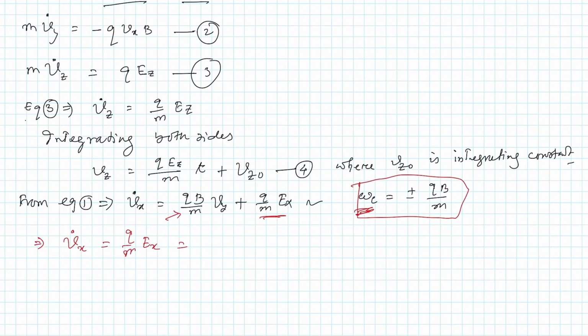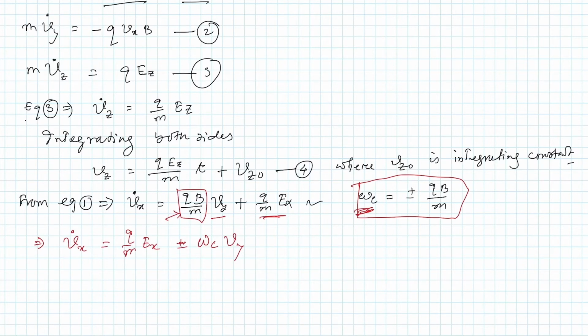So qB by m can be replaced by plus minus omega c. So here qB by m into v y, so here we have to write v y. Hope you have understood this.